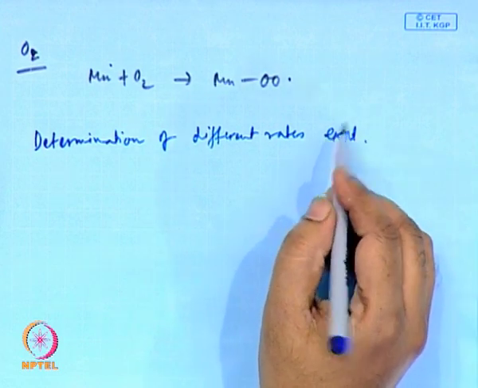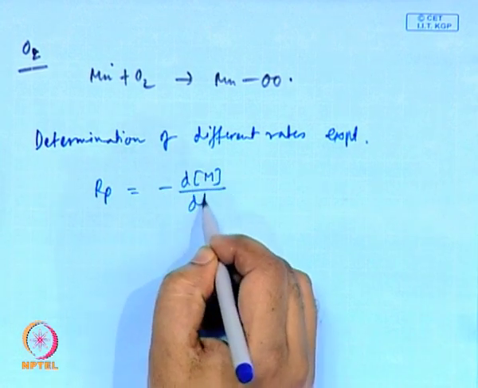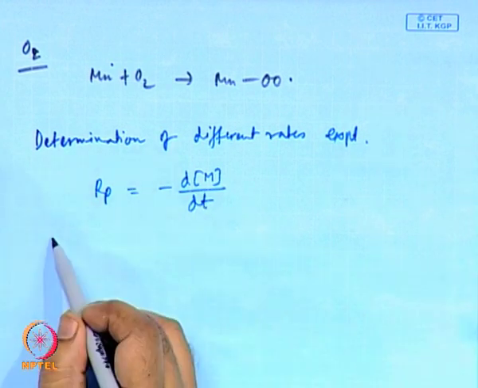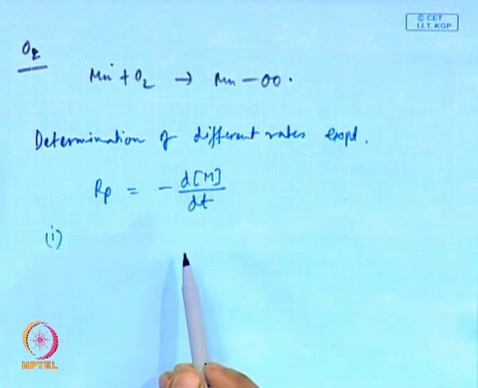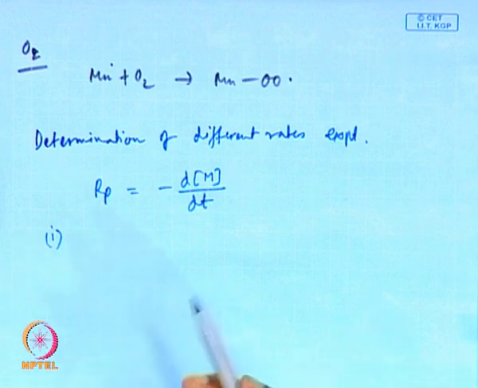Now, Rp is the disappearance of the monomer, or reaction of monomer from the reaction medium. You can directly determine the monomer concentration by taking an aliquot from the reaction medium, precipitating the polymer, and weighing it to find the yield, which means the rest is the monomer. By this you can know how much monomer has reacted.